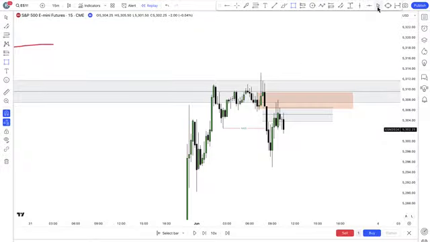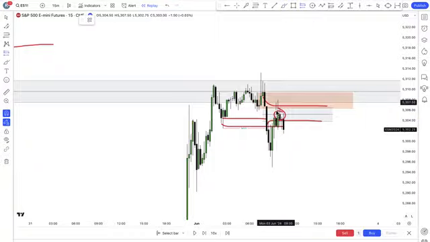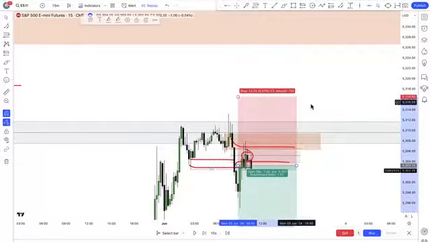So where I actually took the trade was here. Let me show you. This particular place, this fair value gap, this one, because I'm seeing this low just here. So I took the trade right at this point, and the short was here, and then my stop loss was obviously here.